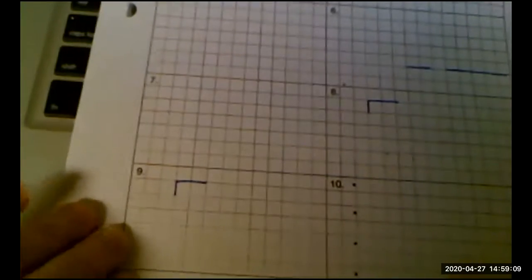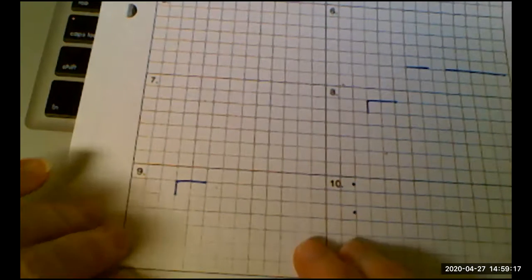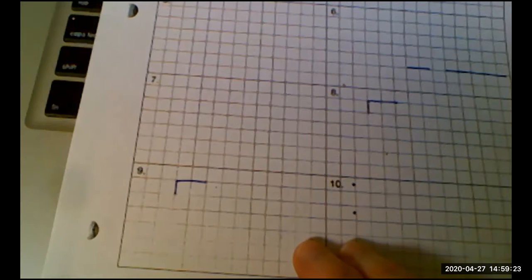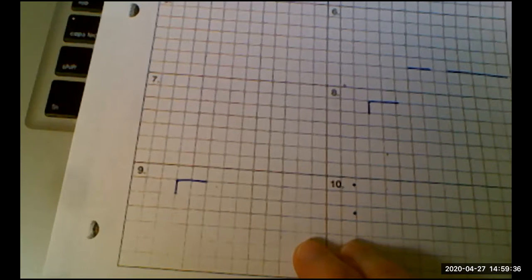Number 6, you're going to compare an inch ruler to a metric ruler. Okay, some of your rulers have both the metric and the standard inch on it. Read this question carefully and compare those for me. Number 7, we're going to figure out how many textbooks can go on 2 shelves.